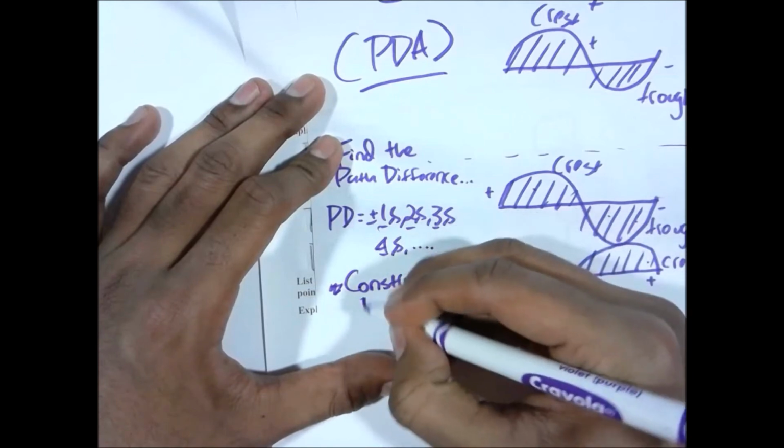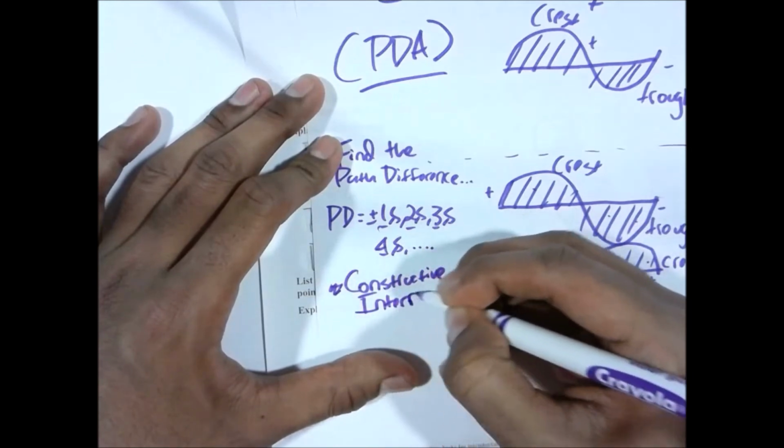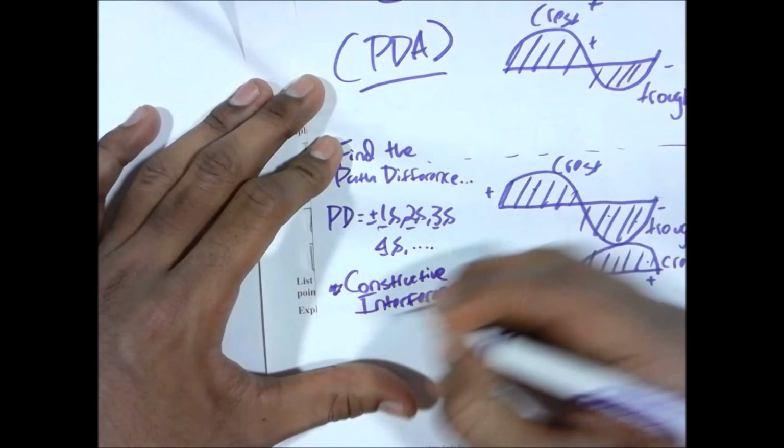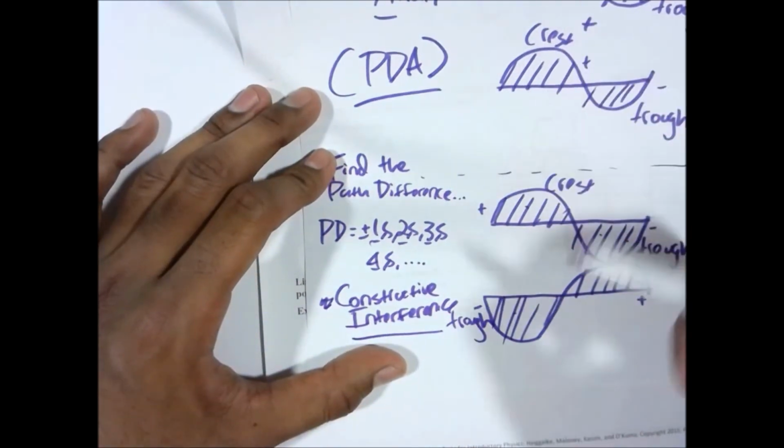The crest from one point source meets the crest from another point source, and you have constructive interference. Right? And you have the formation of an antinode.